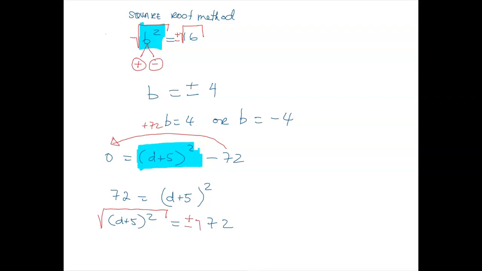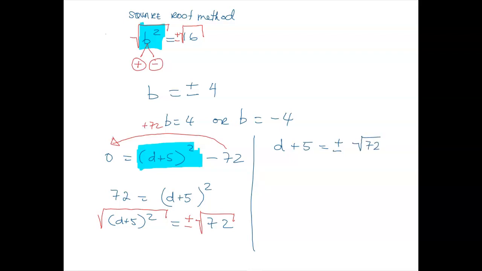So plus or minus the square root of 72. The square root and the square cancel each other out, and I go to the next line: d plus 5 is equal to plus or minus the square root of 72.